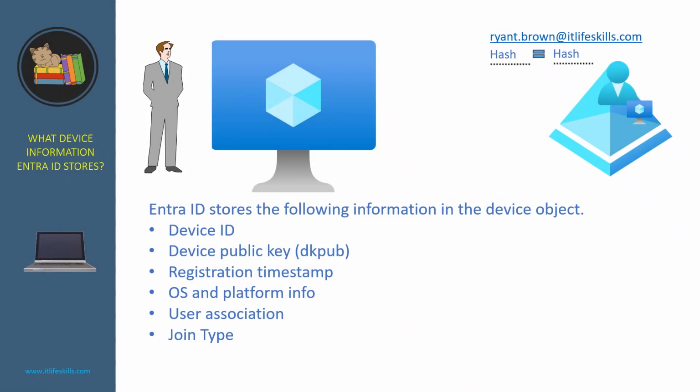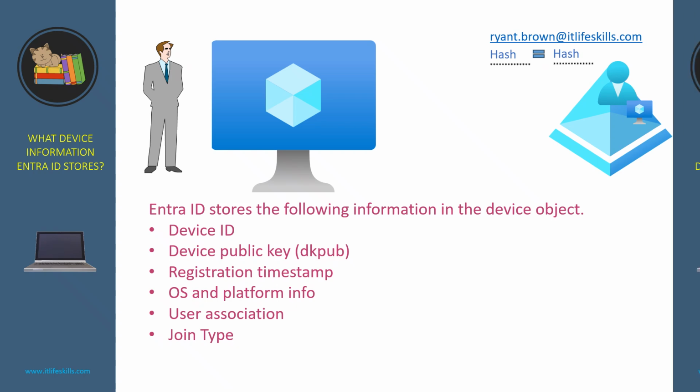After creating the client device object, Entra ID stores the device ID, device public key, registration timestamp, OS and platform info, user association, and join type in the device object. This information will be used in the authentication and authorization process in the future.